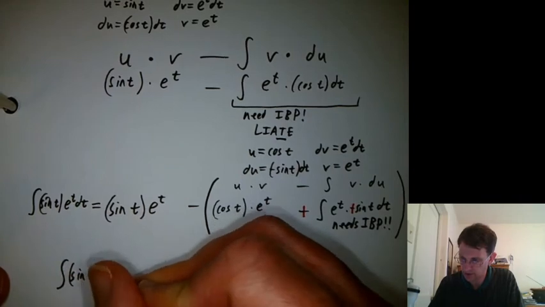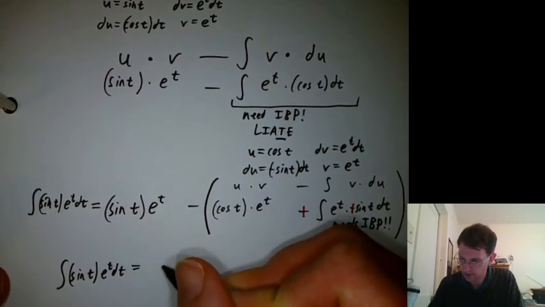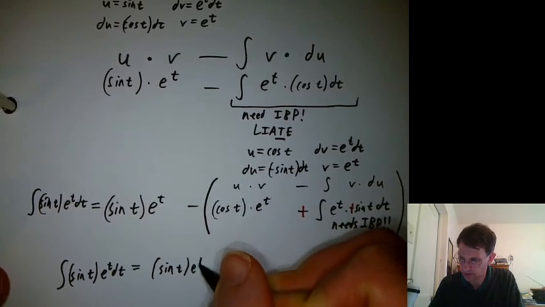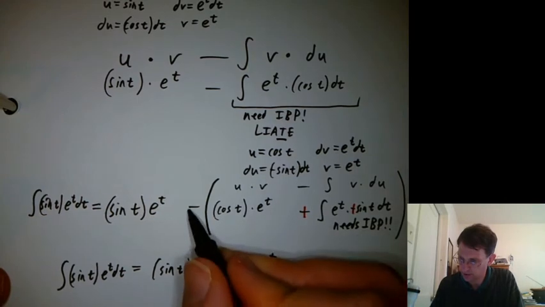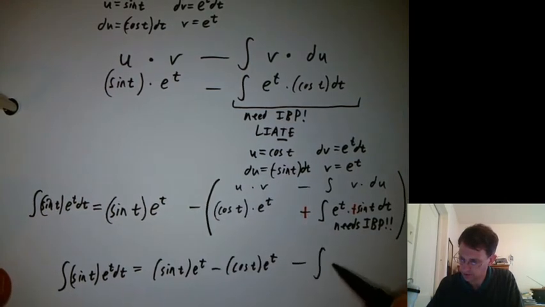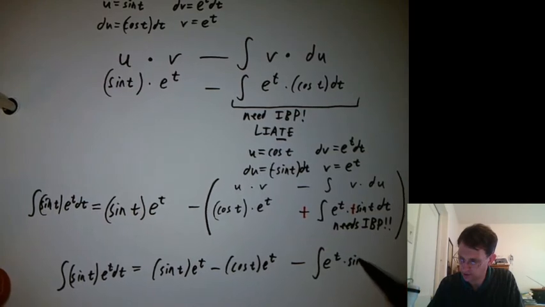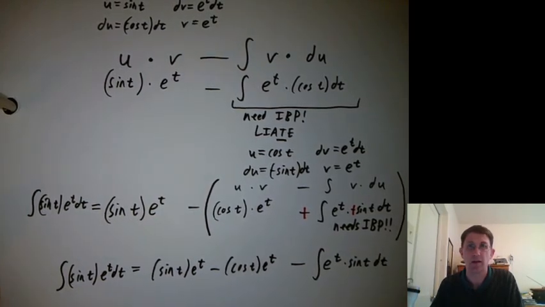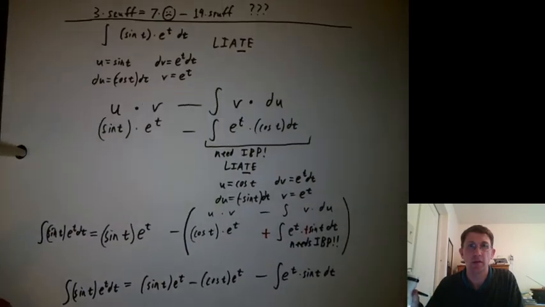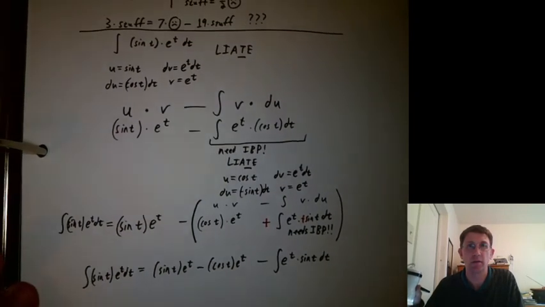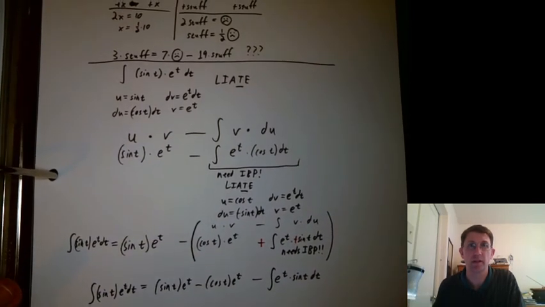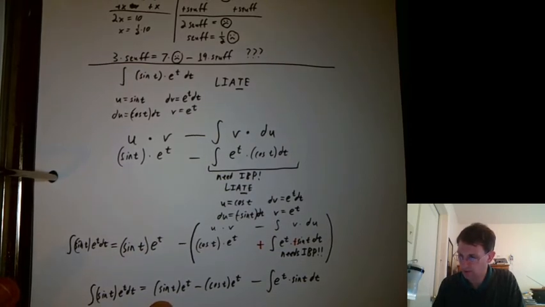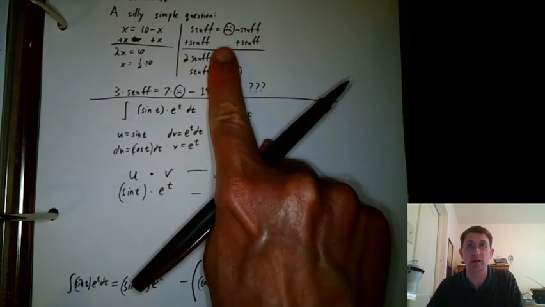Integral sine t e to the t dt equals sine t e to the t minus cosine t e to the t, and this minus comes in, it's that minus e to the t times sine t dt. Let's look back at what we've done so far in this video, maybe all the way back here. Do we have basically stuff equals other stuff minus the original stuff, right? Like we had up here.